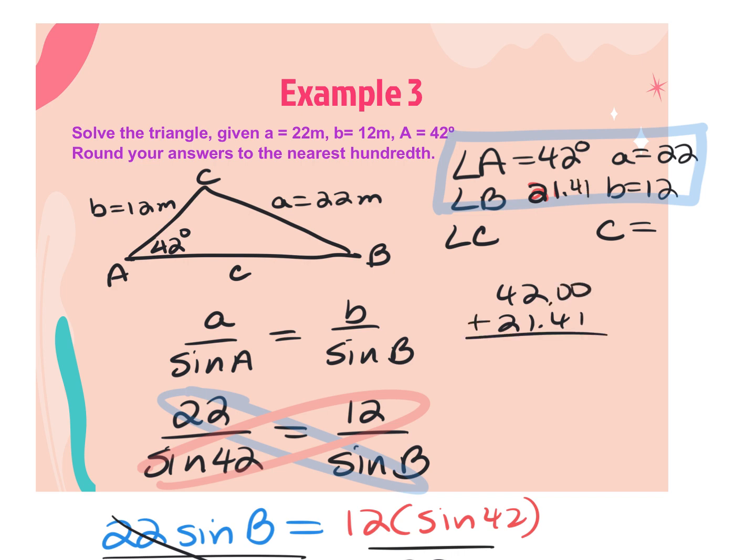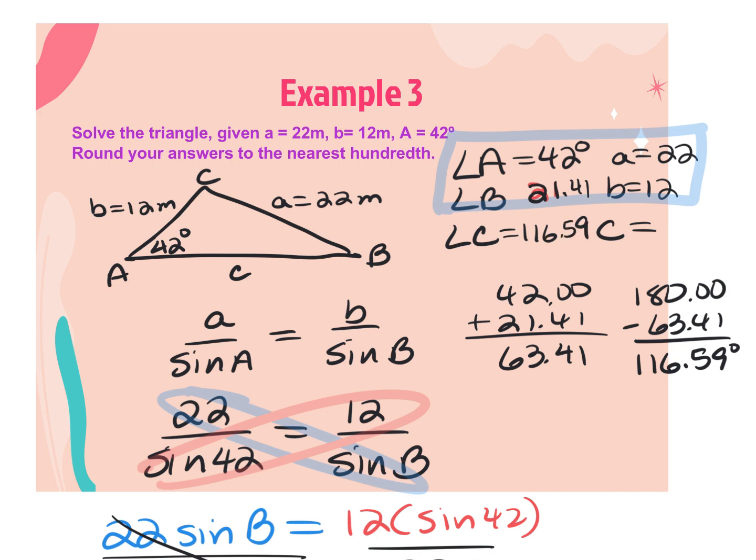Once I add those two together, I get 63.41. Subtract it from 180, and my last missing angle is 116.59. That's angle C.